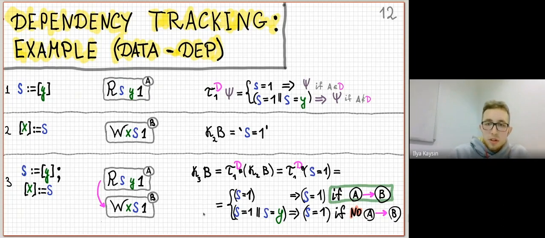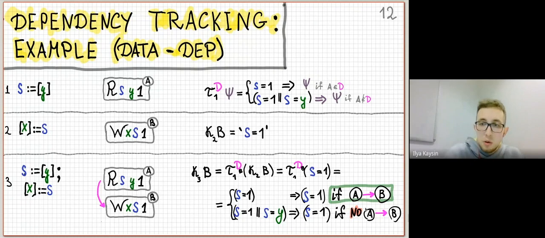In other words, the precondition of B depends on whether or not A is in the dependent set of B, or whether or not there is a dependency H from A to B. If there is a dependency H, then we transform s equals 1 by adding premise s equals 1, and we get a tautology, and that's okay.